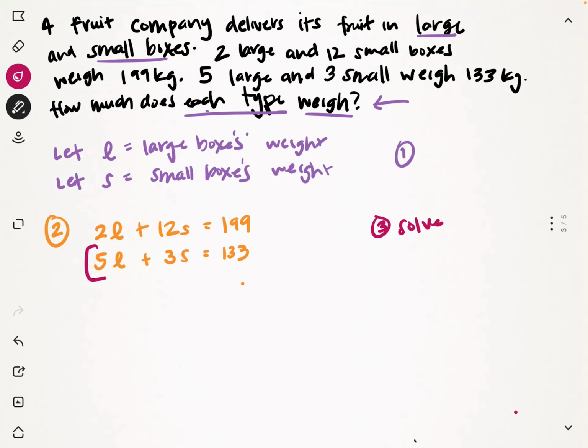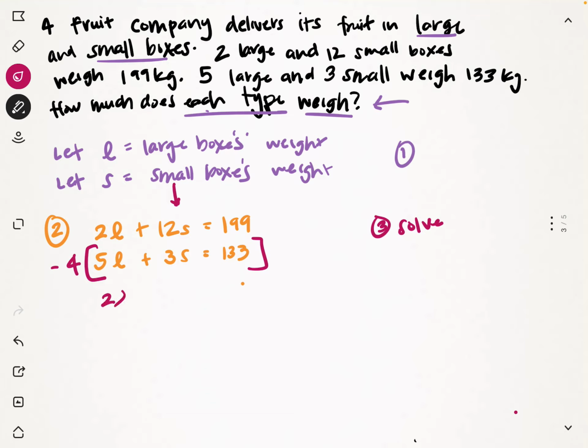I'm looking at our L's, 2 and 5, which don't have any common factors. We'd have to multiply by each other, so we'd end up changing 2 equations. But for our S's, 12 and 3, we can just multiply 3 by -4 to get -12, which is what we want, so we can eliminate. So we can do this by only changing one of the equations.